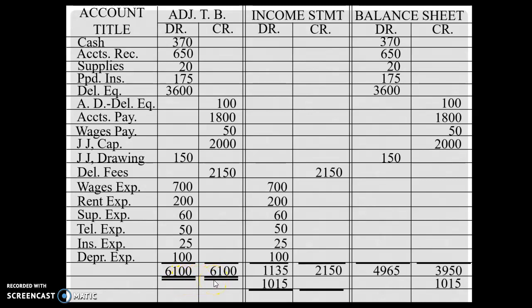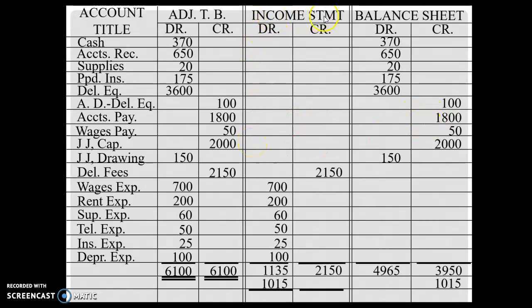Now for homework and for the next exam, I will be giving you the adjusted trial balance already filled in. So what you have to do is put those numbers into the correct last 4 columns.